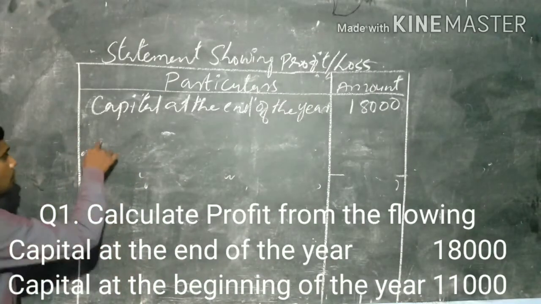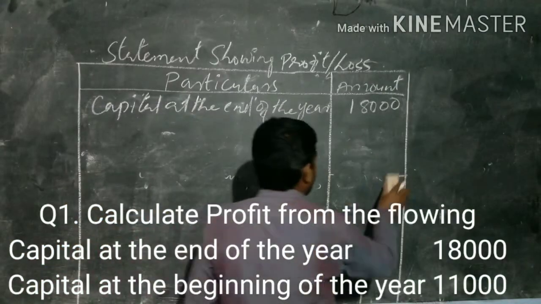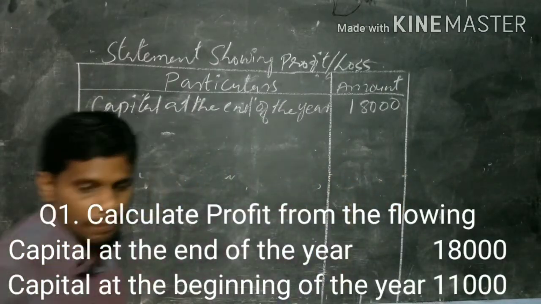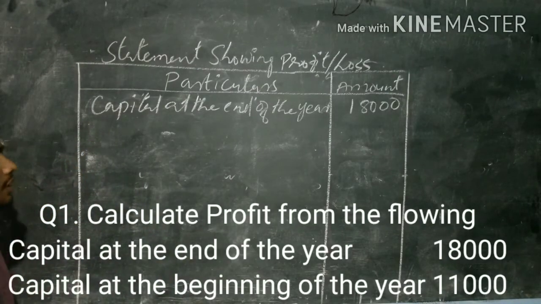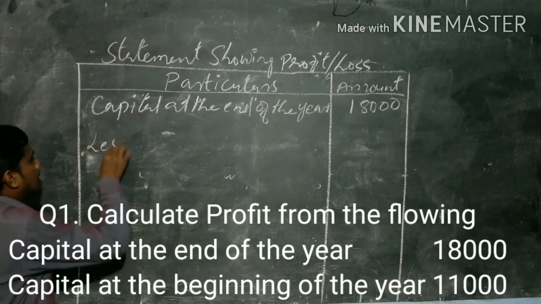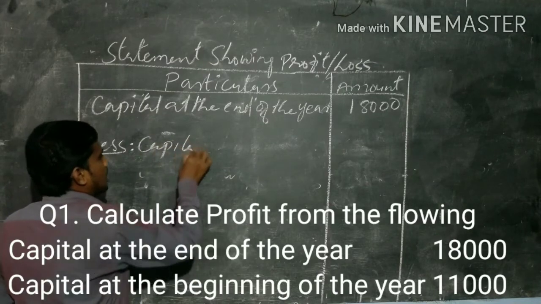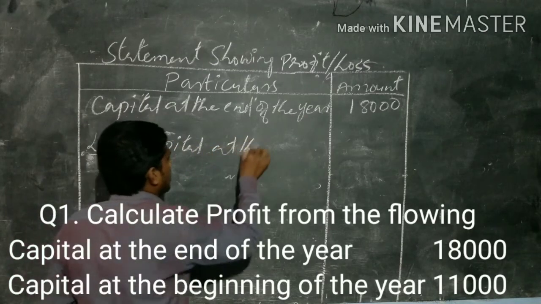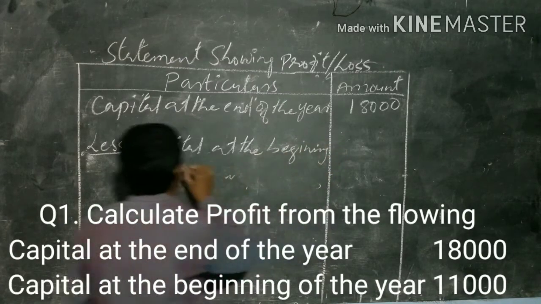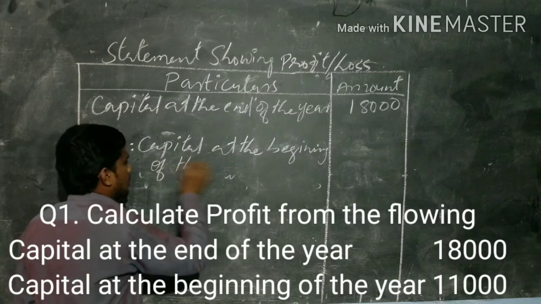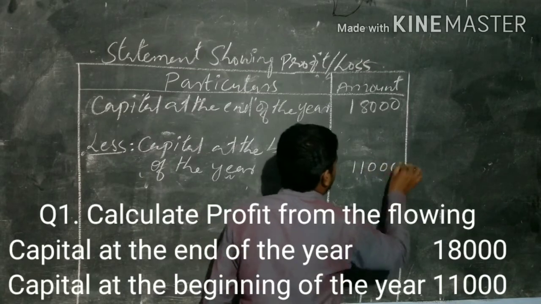Next, no drawings and no additional capital is given in the question. Only opening capital, or capital at the beginning of the year, is given. So what do we need to do? We need to deduct it. Minus capital at the beginning of the year, that is 11,000 given in the question.